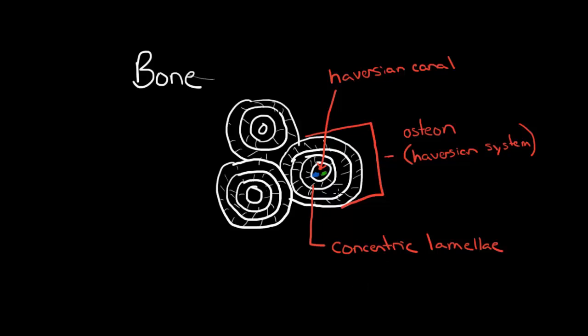Now, sandwiched in between those rings, let me maybe go back to a different color that we haven't used. Let's use gray. Let's see how well that shows up. I don't like that. Let's use purple. Sandwiched in between those rings, we have these little pockets. Do you remember when we talked about hyaline cartilage and we had those little soap bubbly like pockets? We have the same sort of structure in bone.